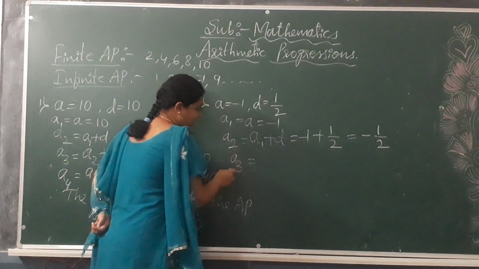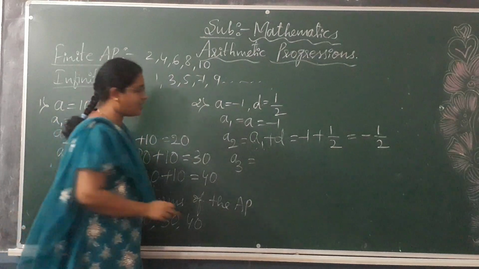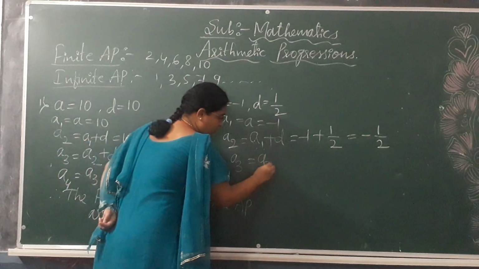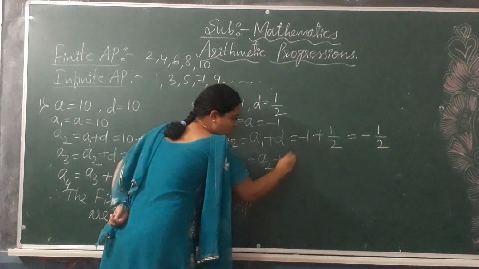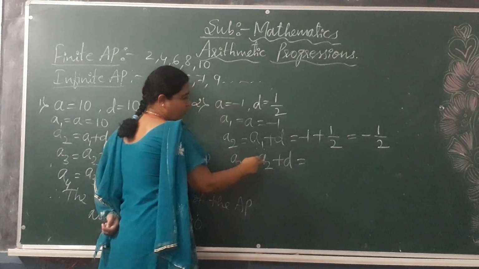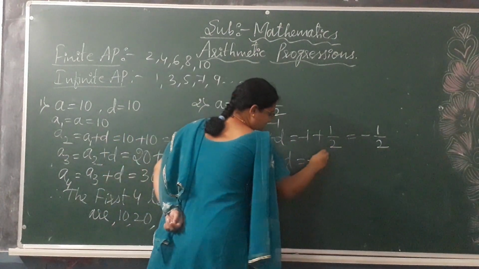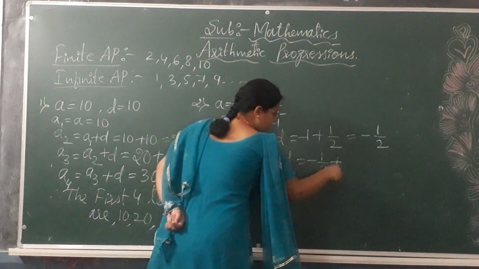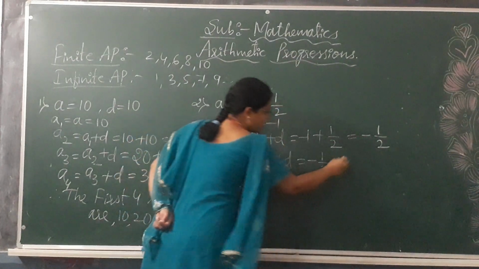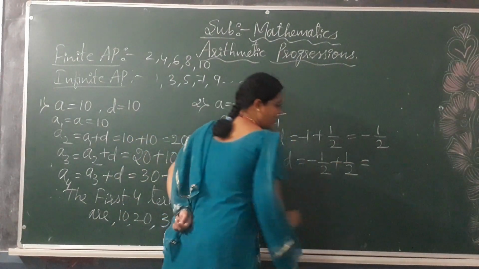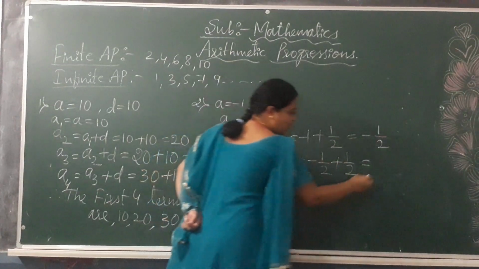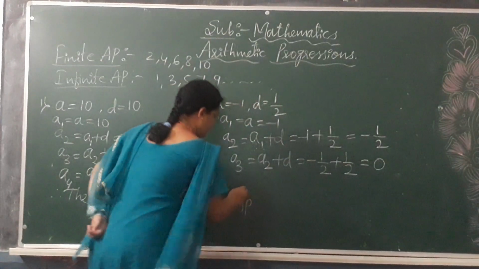Next, like this only, we have to find the third term. A3 is equal to second term plus common difference d. A2 we already got, that is minus 1 by 2. To this add common difference, that is 1 by 2, and adding these two we get 0.